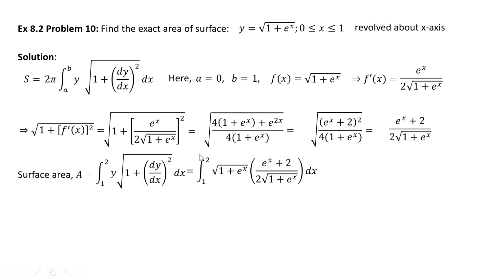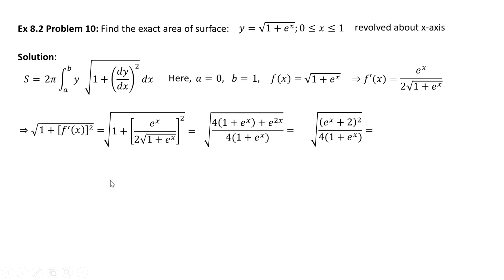Oh, where were we? All right. This is where I had stated something that was wrong. Okay, so I fixed it. If you look at the top, that's e to the 2x plus 4e to the x plus 4, right?